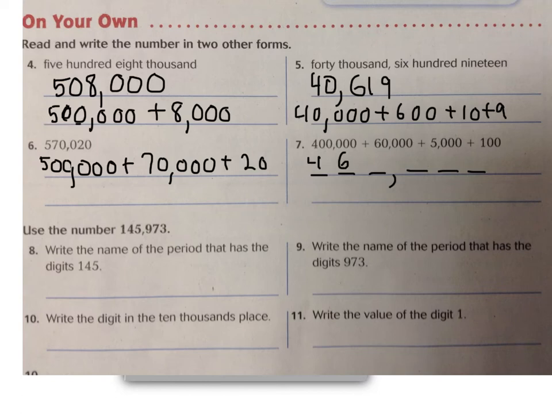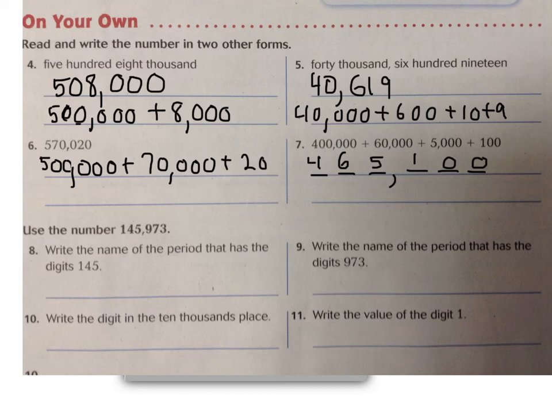Our 4th digit is a 5 because 5,000 has 4 digits. Next we have 100, so we put a 1 there, and since there are no 10s and no 1s, we put 0 and 0. It's important that we have those placeholders because 4,651 is a whole lot smaller than 465,100.